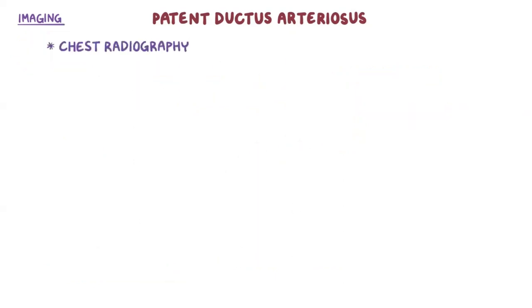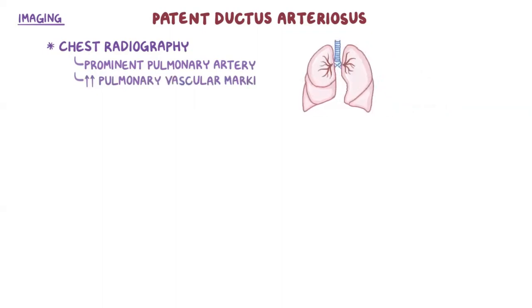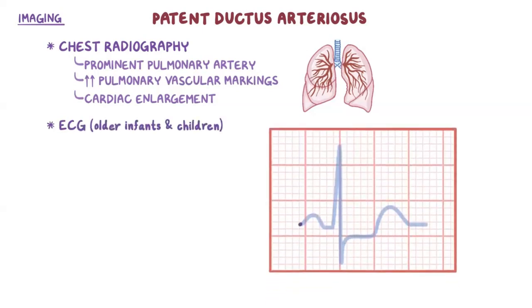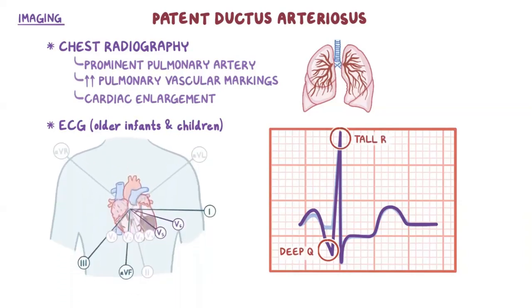Next, chest radiography might show a prominent pulmonary artery with increased pulmonary vascular markings and cardiac enlargement if the shunt is important. An ECG in older infants and children may demonstrate left ventricular enlargement with a deep Q wave and tall R waves in leads 2, 3, AVF, V5, and V6.